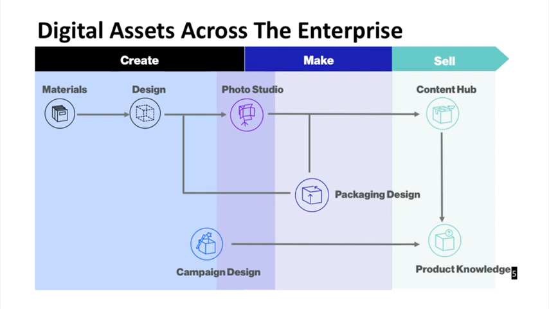So really, it is driving the product and driving information across the enterprise, driven by digital assets, from everything from thinking about what a material that we're going to build a product or deliver looks like, how we're going to design the product, taking photography, marketing campaigns, thinking about packaging design, all the way through to somebody on the sales floor being able to actually know what the latest information is, know what imagery has been used in marketing campaigns, know where the product's on sale, the various versions of a product. So all of these things can be driven by digital assets.